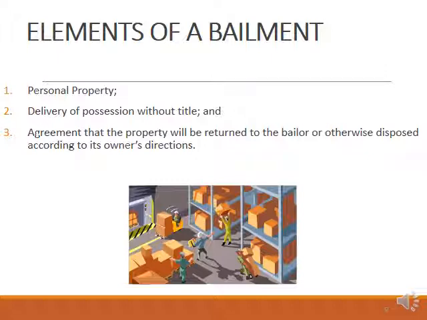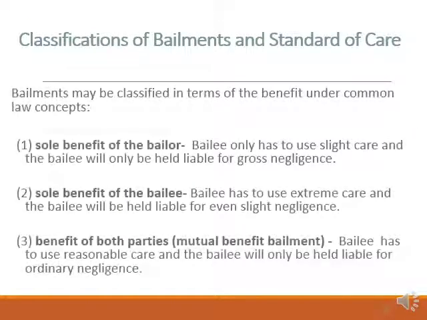And there are different types or classifications of bailments. So we have a bailment classification that would determine what type of care a bailee would have. So there's a sole benefit of the bailor bailment, where the bailor is the only one getting the benefit. So an example of that is if I have a dog and I have to go out of town, and dogs are considered personal property.